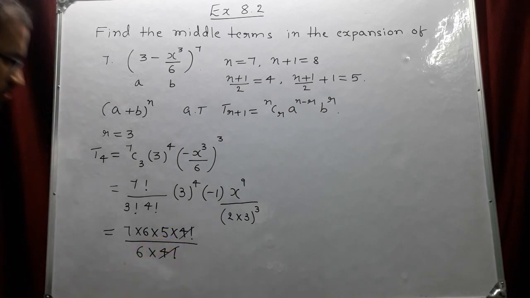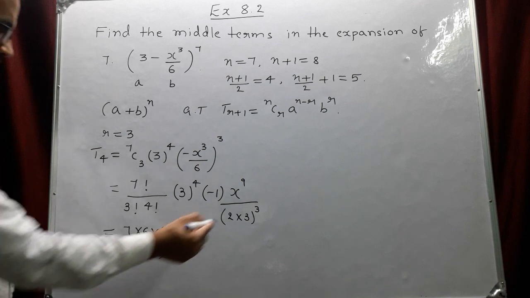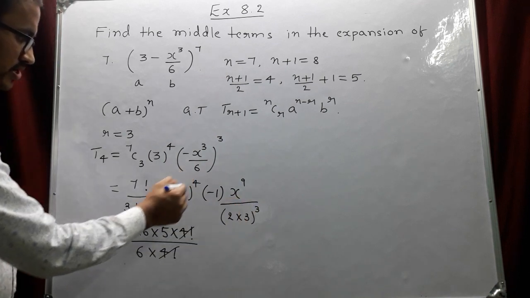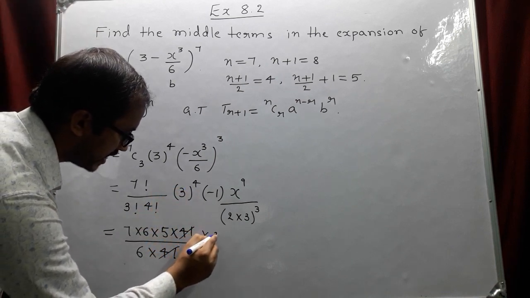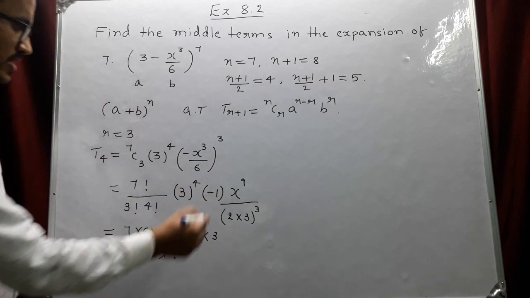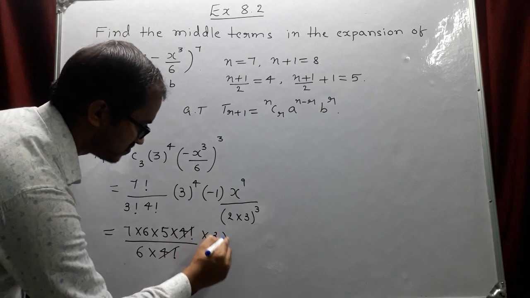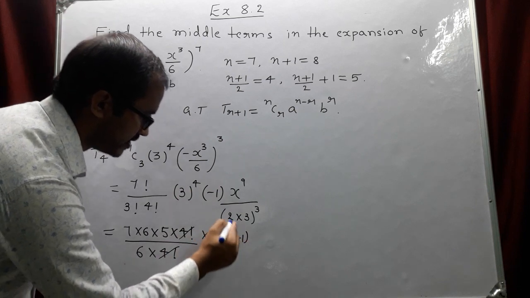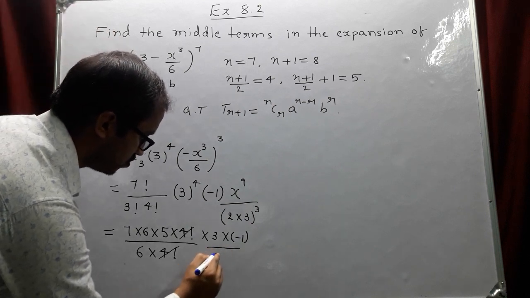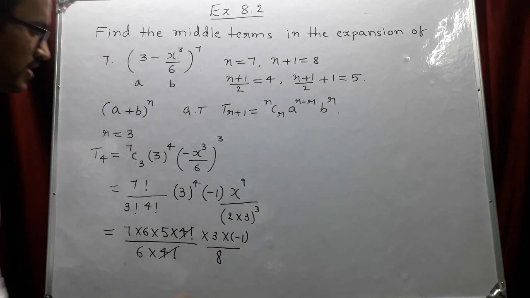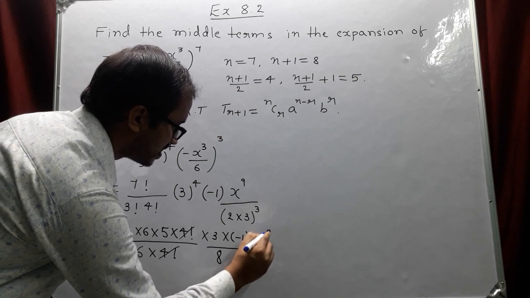So 4 factorial will get cancelled, and 3 cube gets cancelled. The remaining numerator is 3 into minus 1. The remaining denominator is 2 cube, and 2 cube is 8, into x power 9.